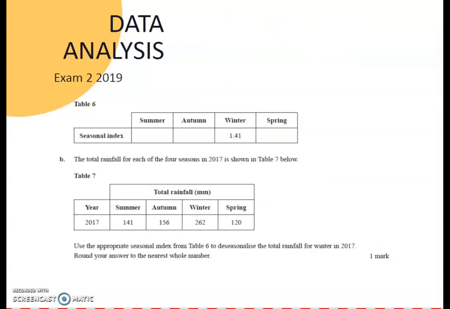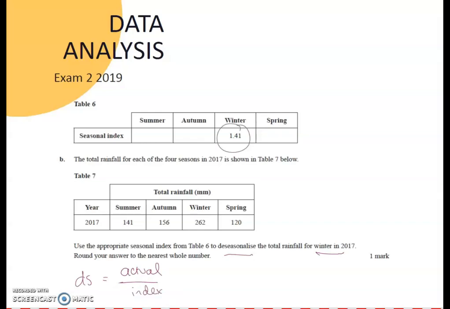Okay, and the final part of this question, you didn't actually need to do part A to be able to do part B. We've got the total rainfall in 2017, and they're asking us to use the appropriate seasonal index from the table to de-seasonalise winter 2017. So remember, your de-seasonalised is the actual value over the index.